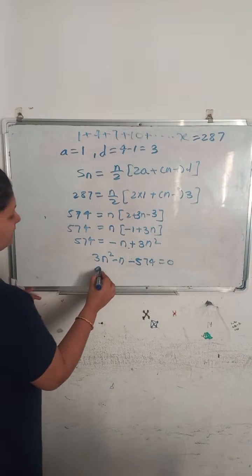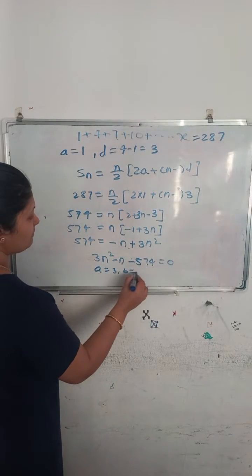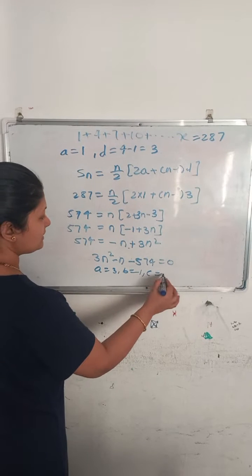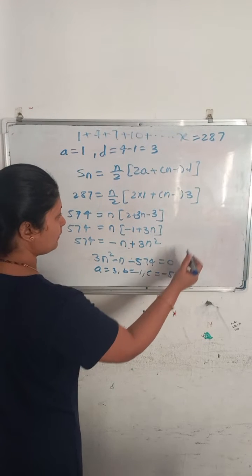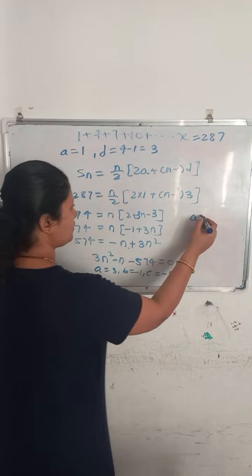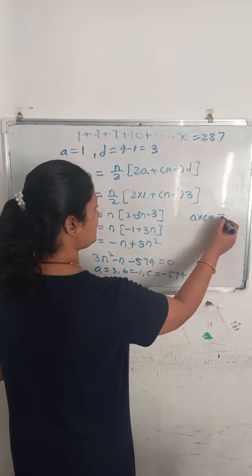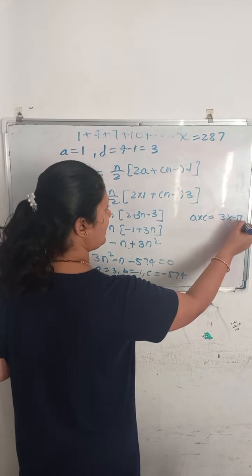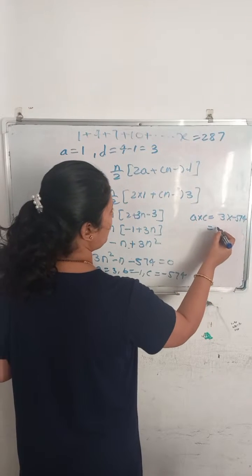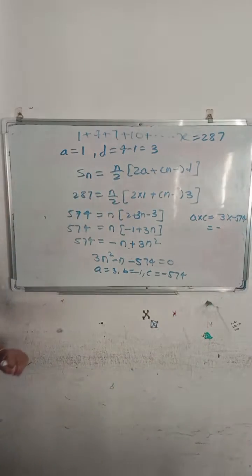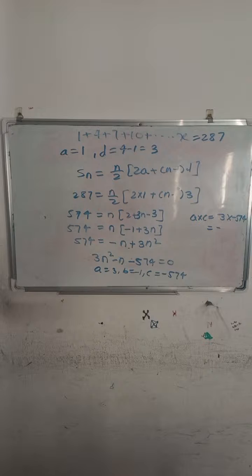So here a is nothing but 3, b is minus 1, and c is nothing but minus 574. So we are taking the factors of a into c, that is 3 into minus 574. Okay, so the answer will come minus 574 into 3. You can do this multiplication, check how much you will get.